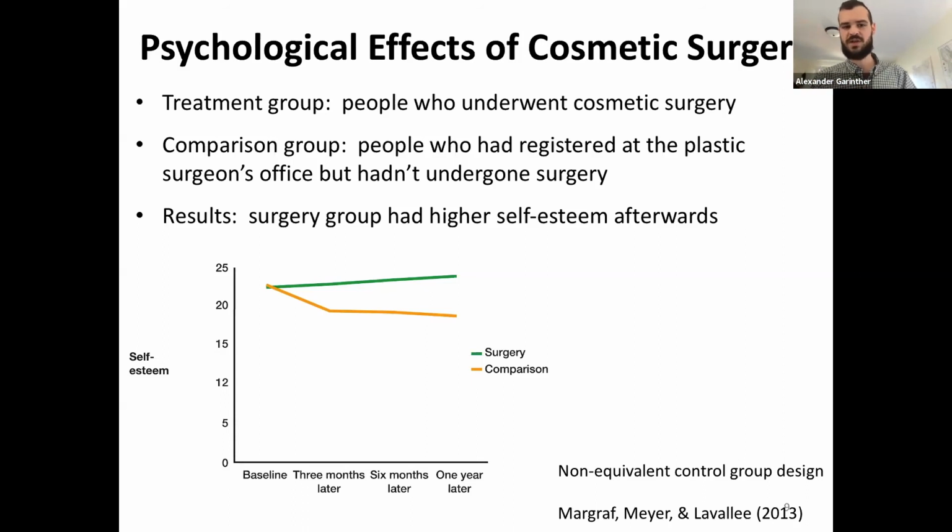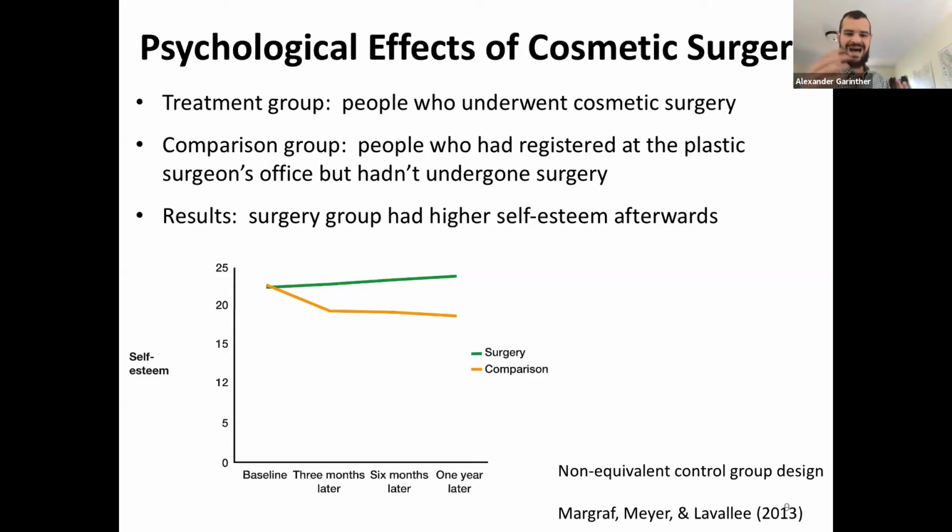We wouldn't want to compare people who go into a clinic for a nose job and got plastic surgery done to any old group of a random sample of the population, because there'd probably be a lot of differences there. We want to find the best comparison group we can. And that's why in this example, we're going to harness people who came in for that initial visit but didn't carry forward.